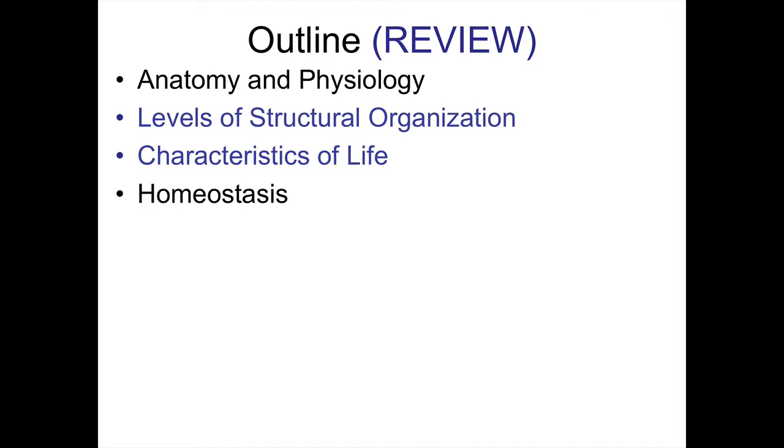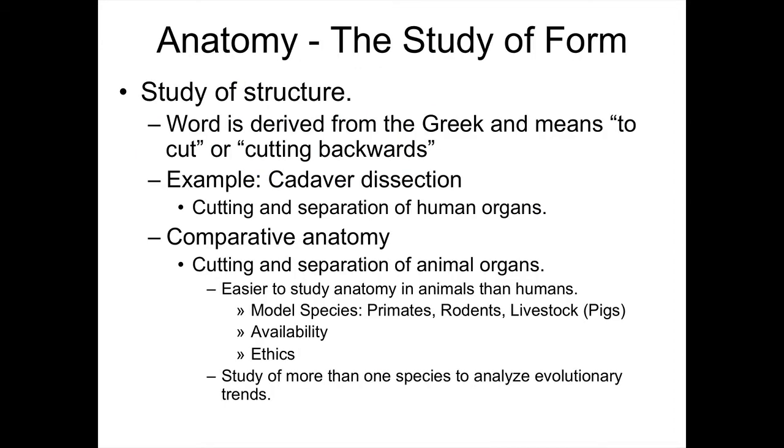So talking about the study of anatomy, when you think of the term anatomy, it talks about the study of form. So how something is structured comes under the study of anatomy. Now, structure can be studied using animals or using cadavers. The best way to study human anatomy is by using a human cadaver.